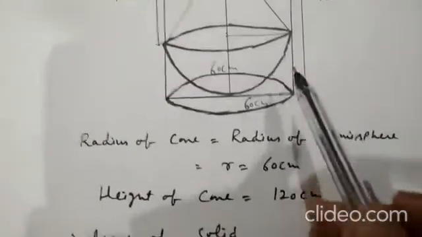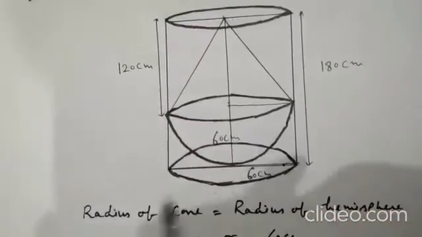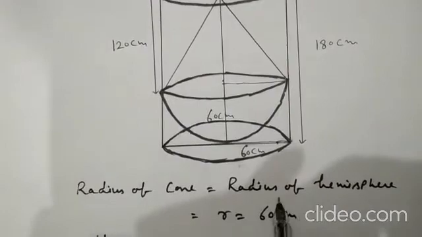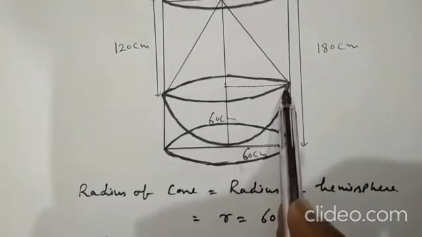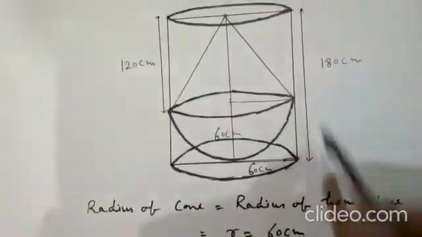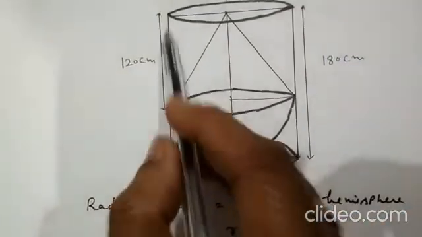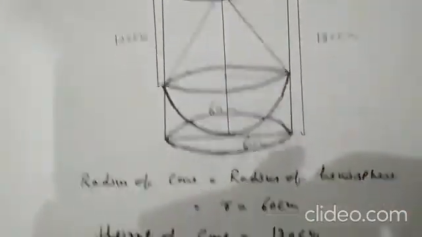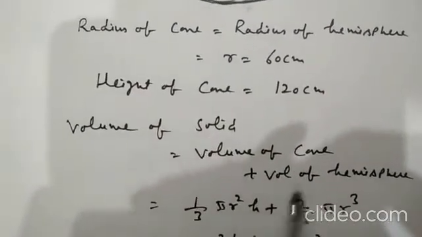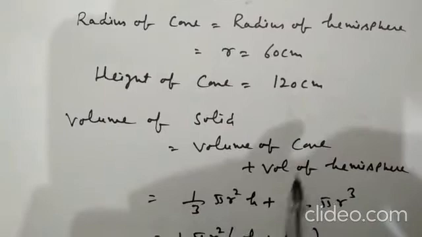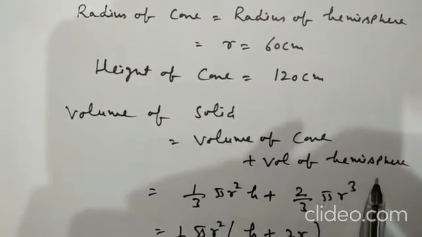So first, what dimensions are given? Radius of cone is equal to radius of hemisphere. So this is 60. Total height is 180 and height of the conical part is 120. Now what is the volume of the solid? This is the volume of cone plus the volume of hemisphere.